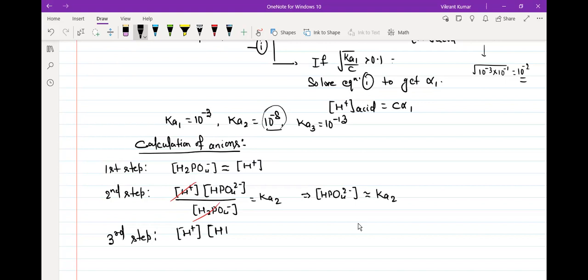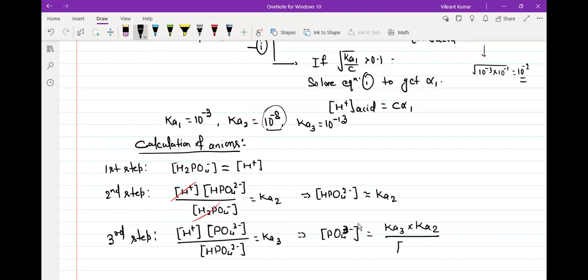Now this part will have HPO4 2 minus, sorry, phosphate is the product. PO4 3 minus upon HPO4 2 minus will be Ka3. And so PO4 3 minus will become K3 into the value of HPO4 2 minus, which we have written as K2 here, upon H plus.